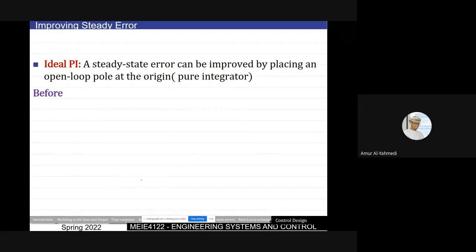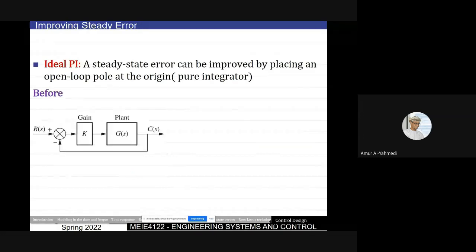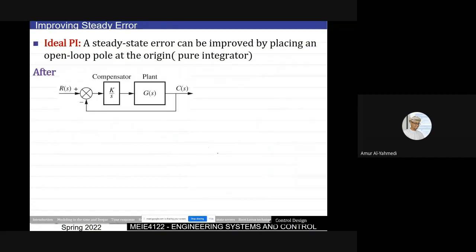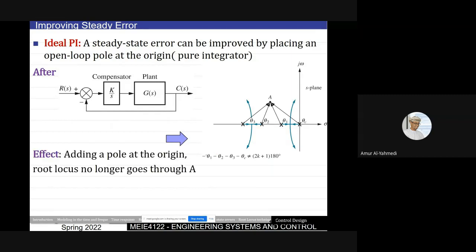Why is PI good for improving steady state error? We know from our previous work on steady state error that if I add a pole at the origin, I will improve the steady state error, but I will change my root locus.